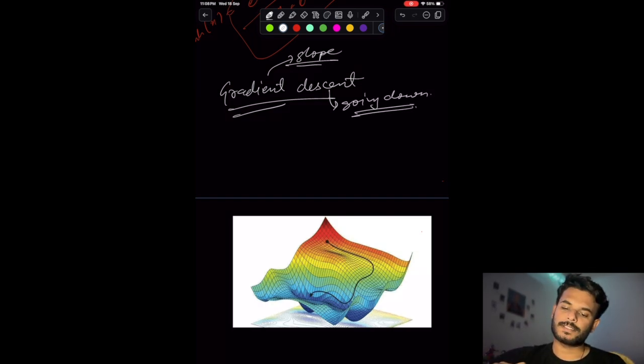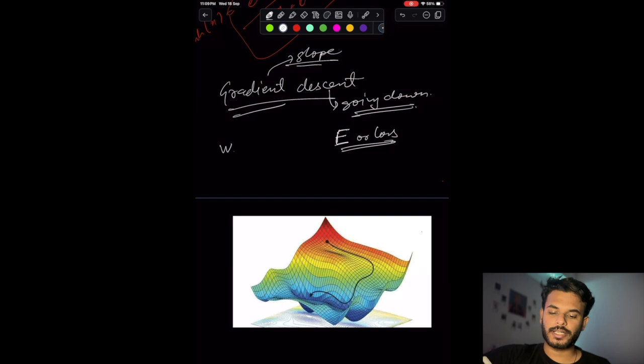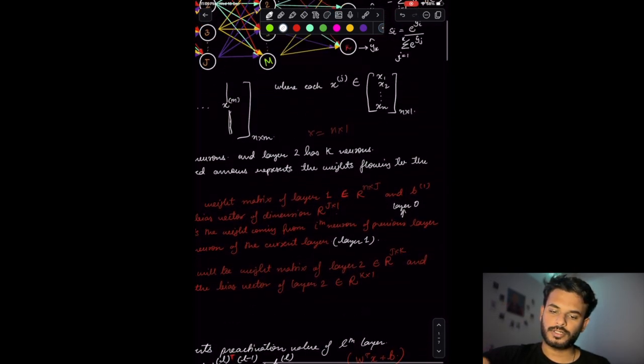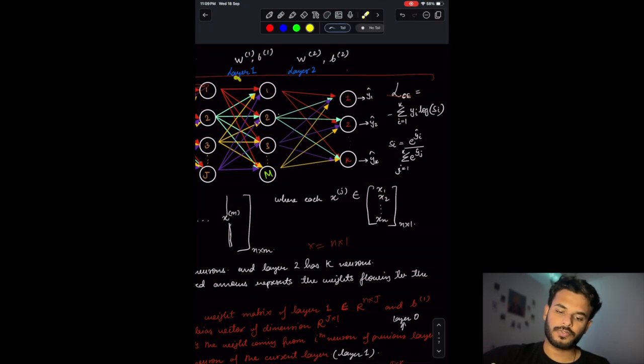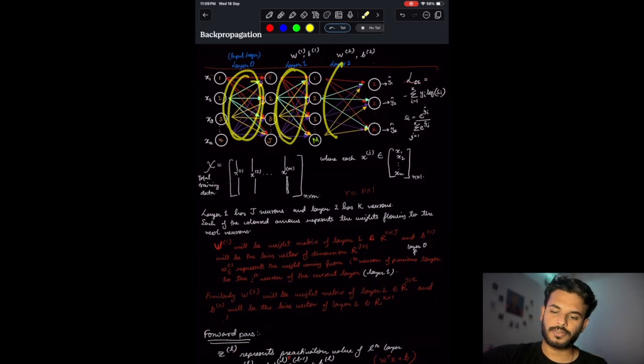We are calculating how the error, or loss, at the final point is related to the weights of each layer. If you see this diagram, here we have layer 0 matrices, here we have layer 1 matrices, and here we have layer 2 matrices. These are the only three things.